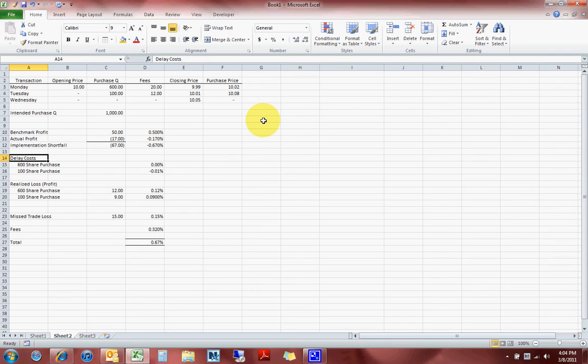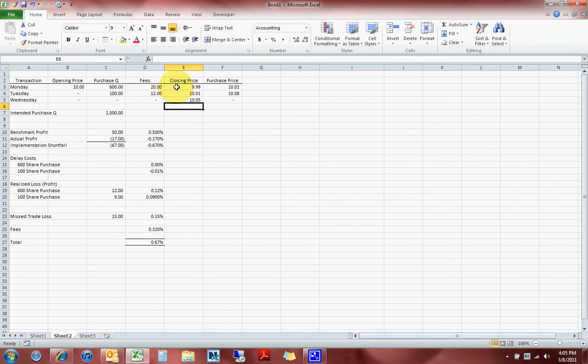Delay cost occurs when you don't execute the order the same day that you planned. Well, we did buy the 600 shares on the same day that we planned, which is a Monday, so that does not have any delay cost. So that's why it's 0. This one does have a cost, which is basically a negative cost because the price actually went down.